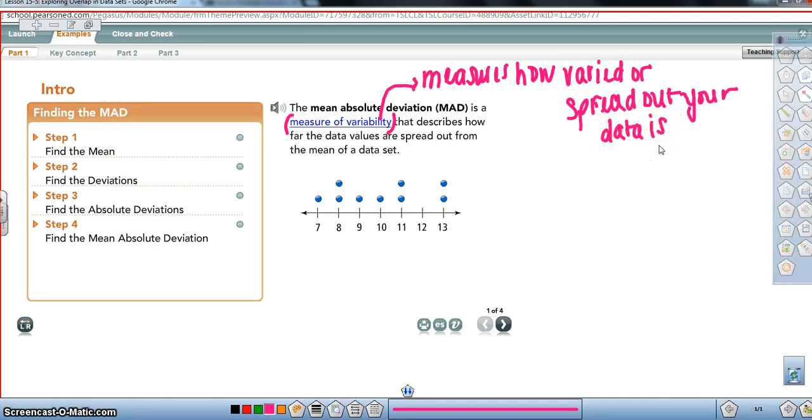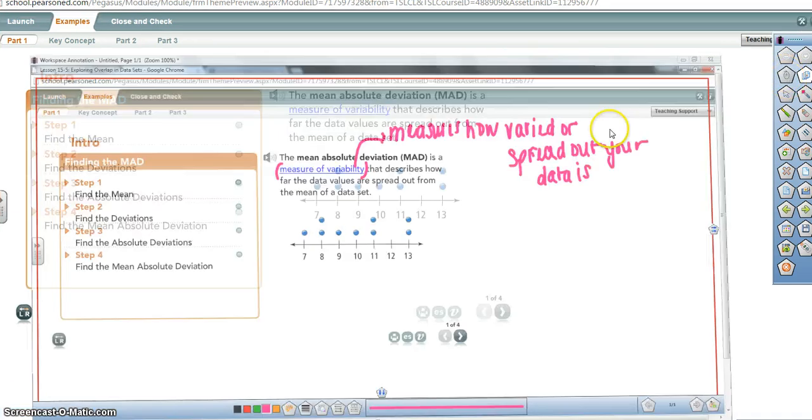We've talked about how range and even interquartile range are measures of variability. The mean absolute deviation is another measure of variability. So we'll go through the steps of how you can calculate the mean absolute deviation.